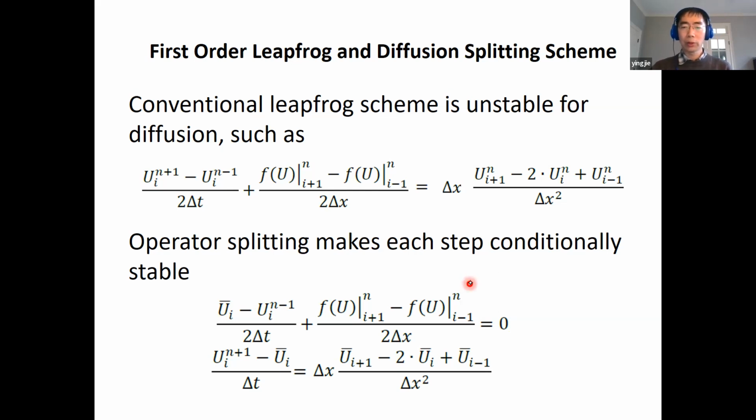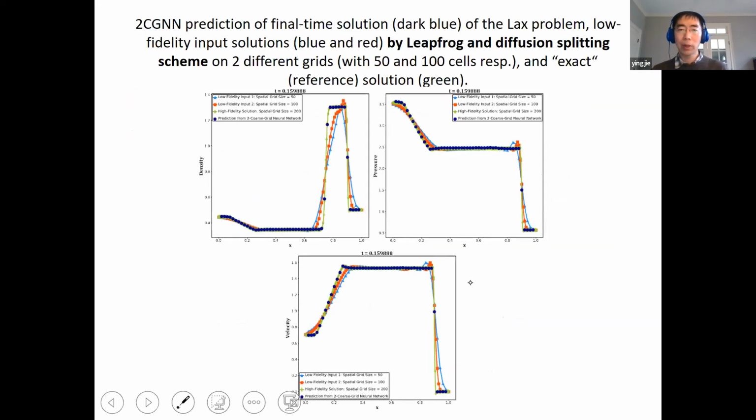We use this on two grids, and it does the same. You can see there are some overshoots for the input, but the prediction is perfect. The prediction has no jump at all. Despite the bad behavior of the input, it doesn't seem to affect the prediction.